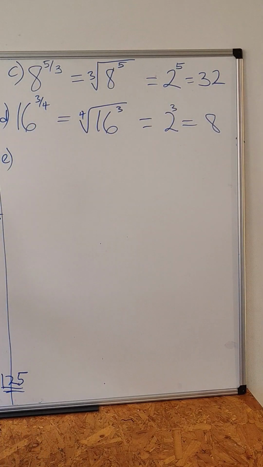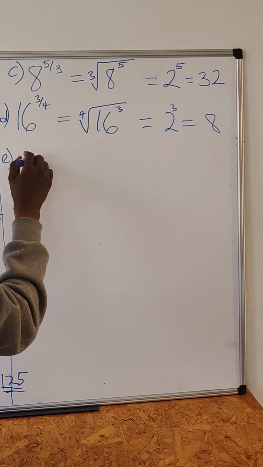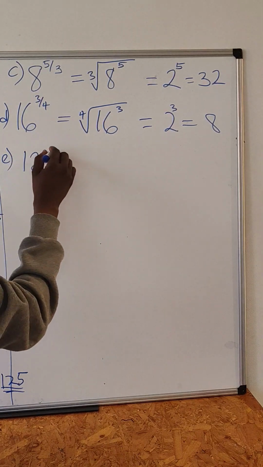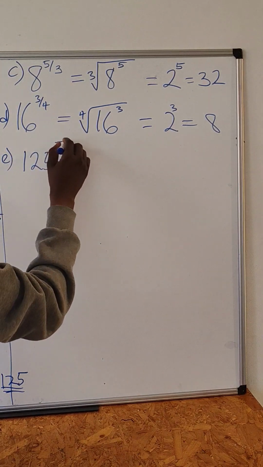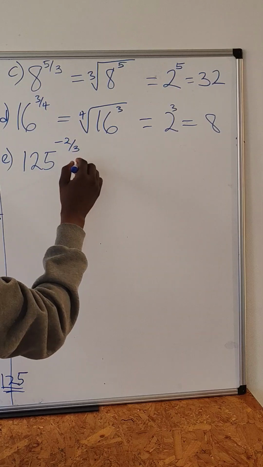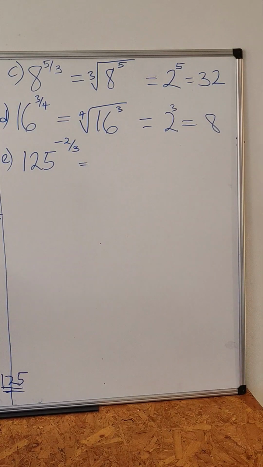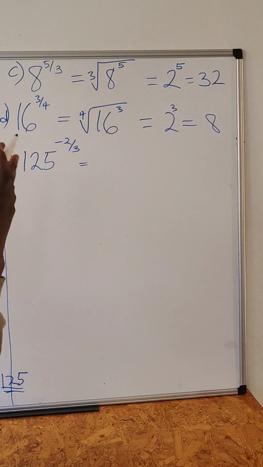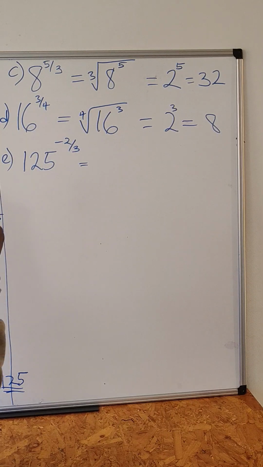The fifth one, 125 raised to power minus 2 divided by 3. For this, we can see that the negative power law will be used here, and at the same time, the root law will be used.